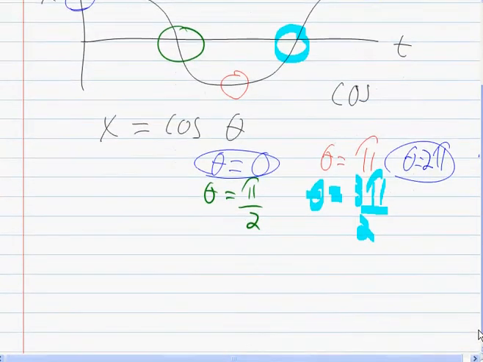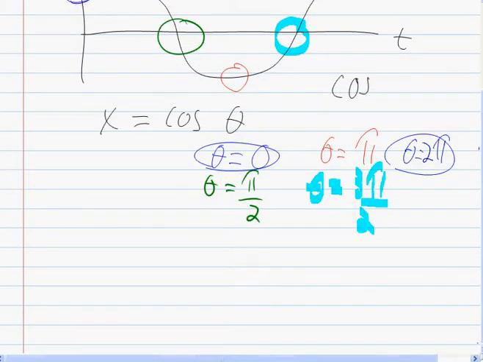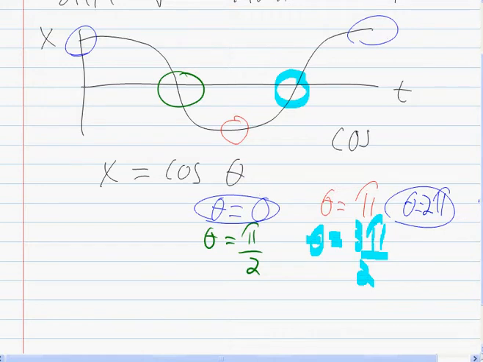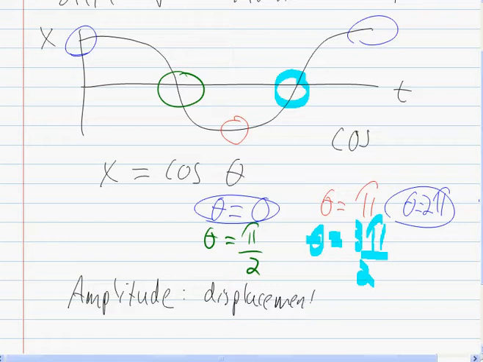Okay. So if we're going to represent this as an angle, then the amplitude, the height at which it reaches, we should mark that here and call it A. Amplitude, remember, is the displacement from equilibrium to the maximum point.